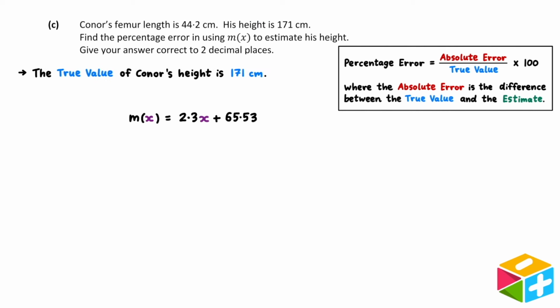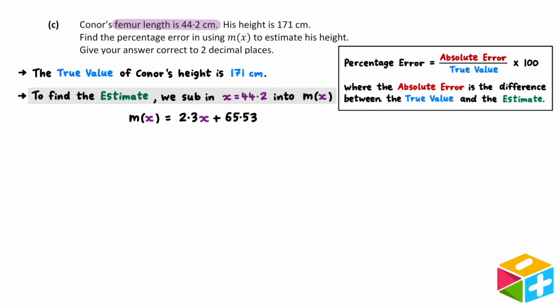Our function, m of x, uses the femur length to estimate the height of a male. We are told that Connor's femur length is 44.2 centimetres. To obtain our estimate from m of x, we must sub in 44.2 into m of x is equal to 2.3x plus 65.53.